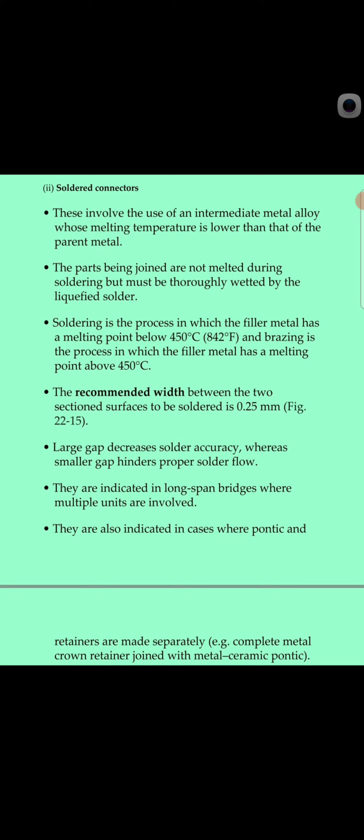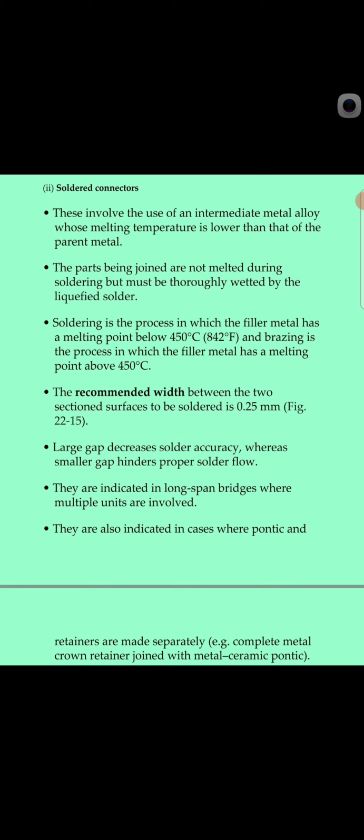The parts being joined are not melted during soldering but must be thoroughly wetted by liquefied solder. Here we apply liquefied solder. Soldering is a process in which the filler metal has a melting point below 450 degrees centigrade, or 842 Fahrenheit.